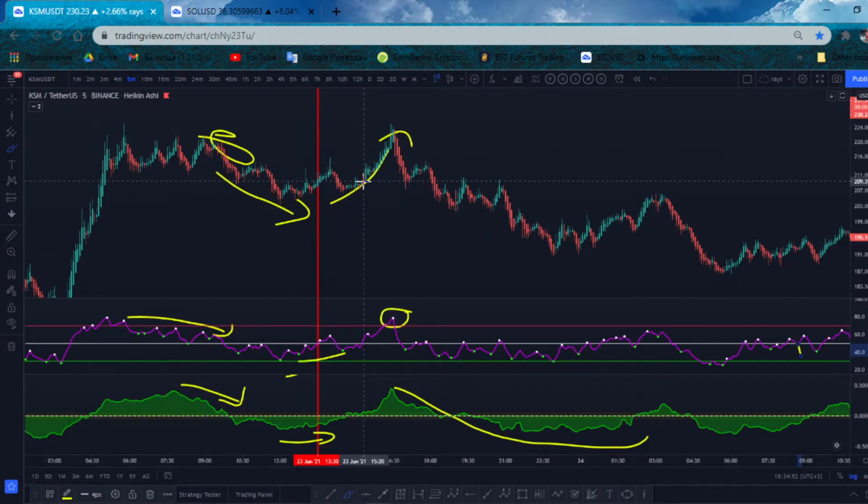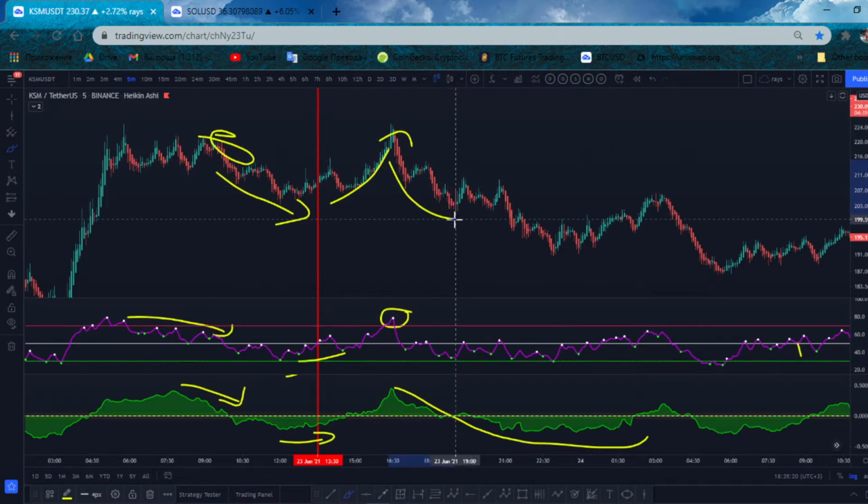That's maybe most accurate on the lower time frames, because on the higher time frames, if the money flow is steady, we can see a correction, maybe a decent correction.